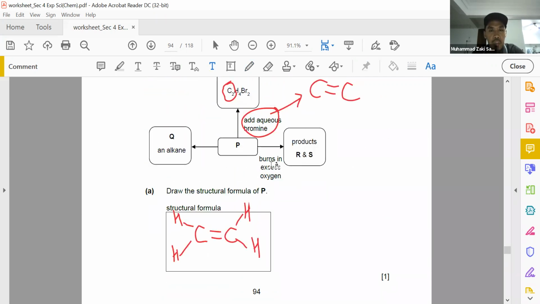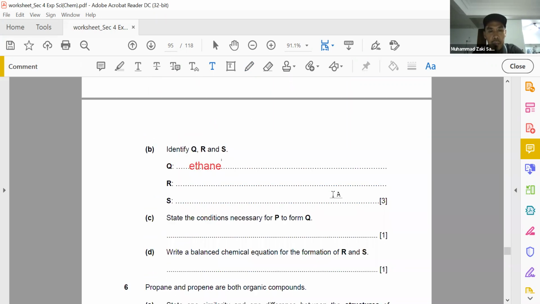Now, when you burn the alkene in excess oxygen, it gives you R and S. What reaction is this? Combustion. Okay, so for R and S, there's no preference. You can either write water vapor and carbon dioxide, or you can write water vapor for R, carbon dioxide for S. Both can.